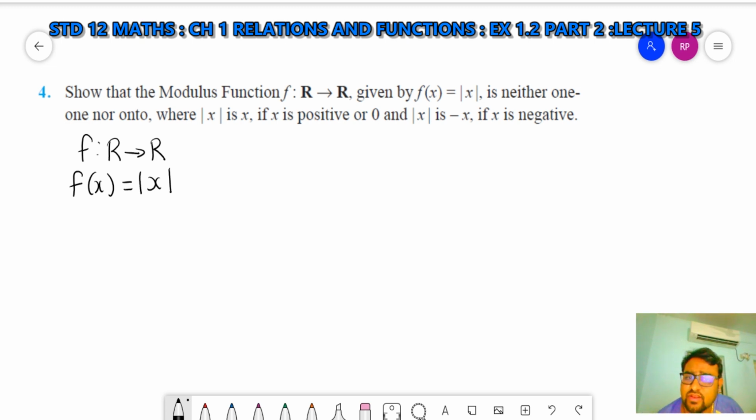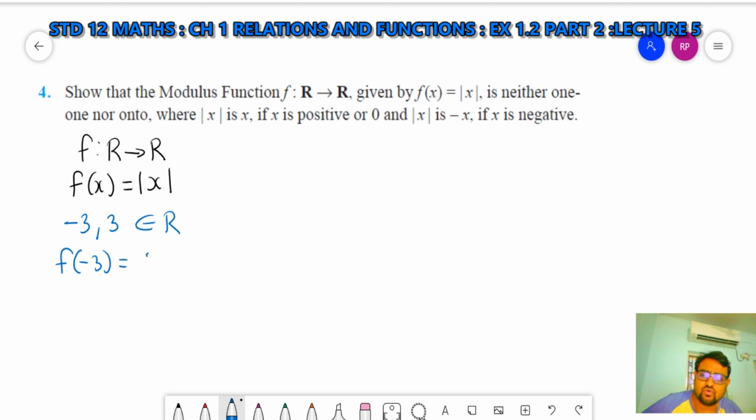Now see, for 1-1, let's take an example. Let's take minus 3 and 3. Both of these belong to R, right? What is f of minus 3? This is equal to modulus of minus 3, which is 3. What is f of 3?